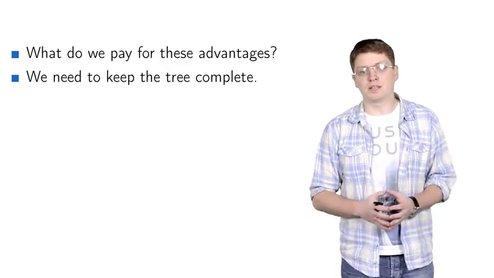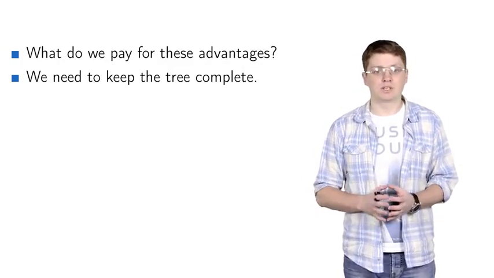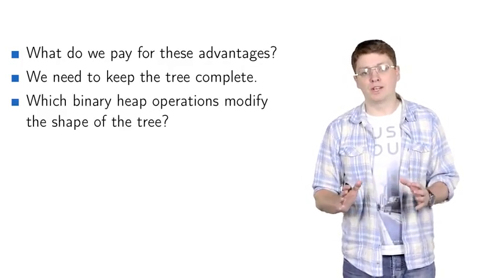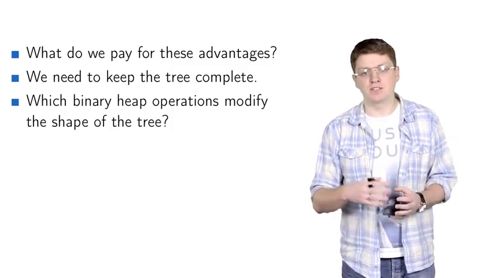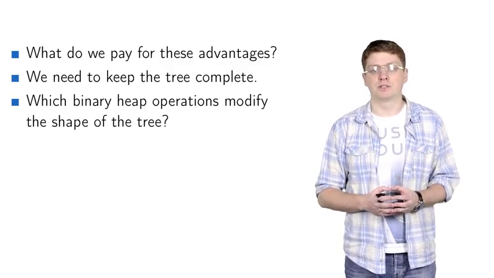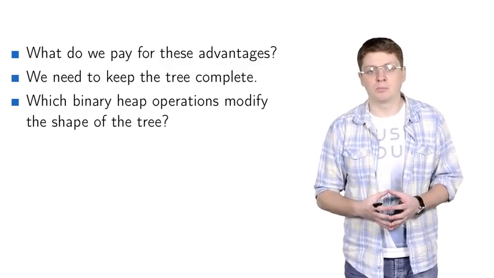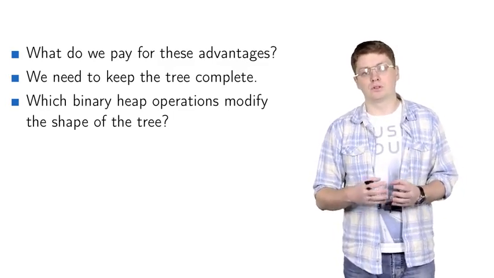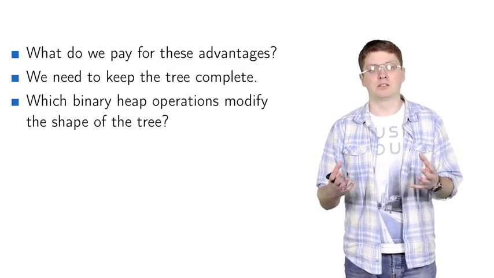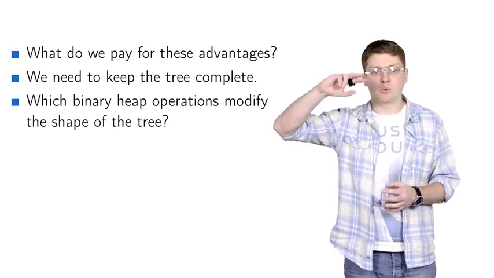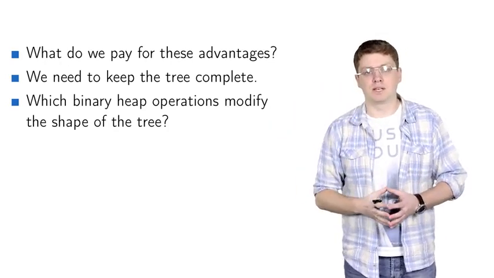Well, to ensure this, let's just ask ourselves what operations change the shape of our tree. Essentially, these are only two operations, namely insert and extract max. So two operations, sift up and sift down, they actually do not change the shape of the tree. They just swap some two elements inside the tree.